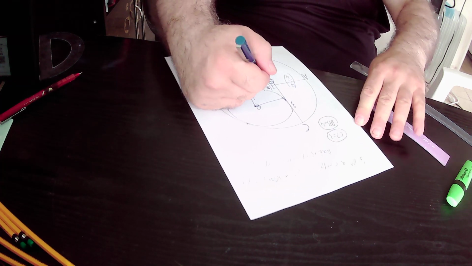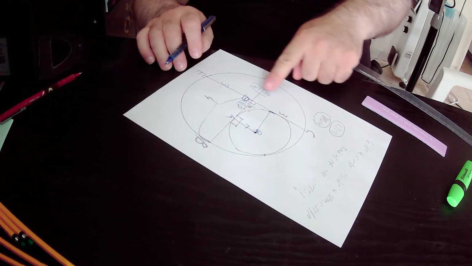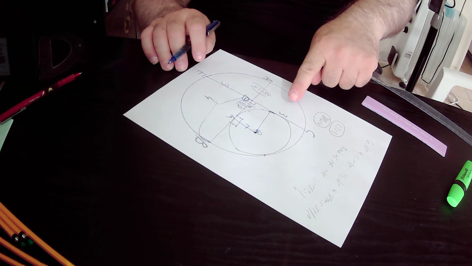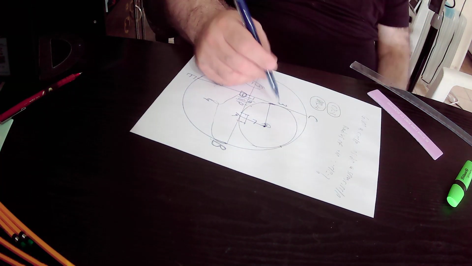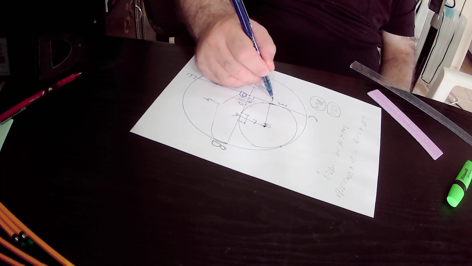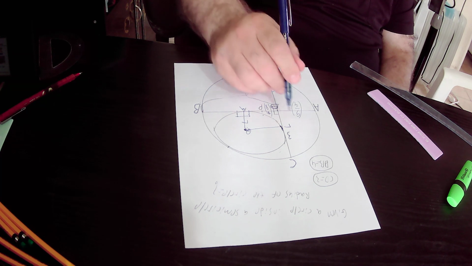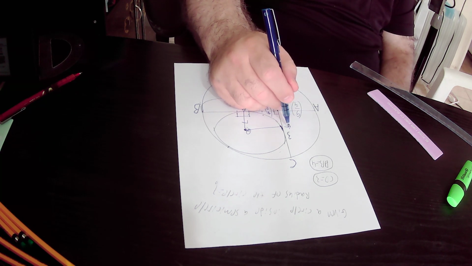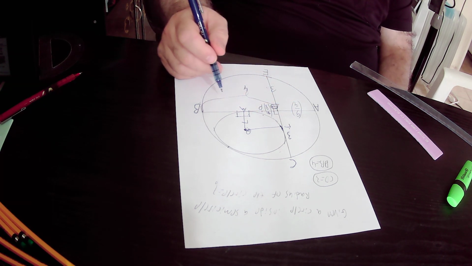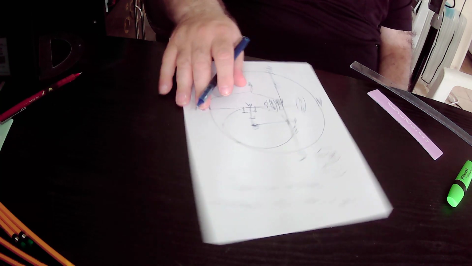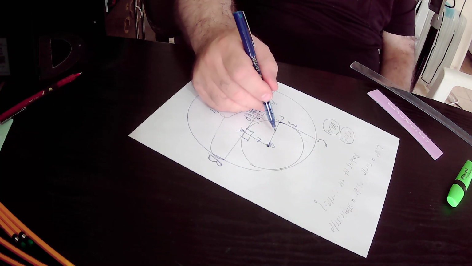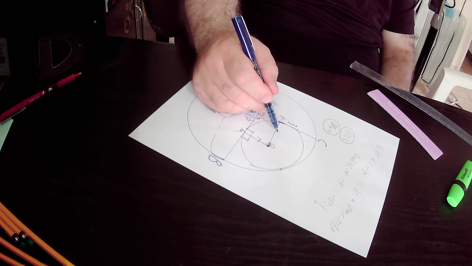The point of tangency of tangent CD with this small circle, we define it as L. So here QL is the radius of the small circle, that is to say it is equal to small r.